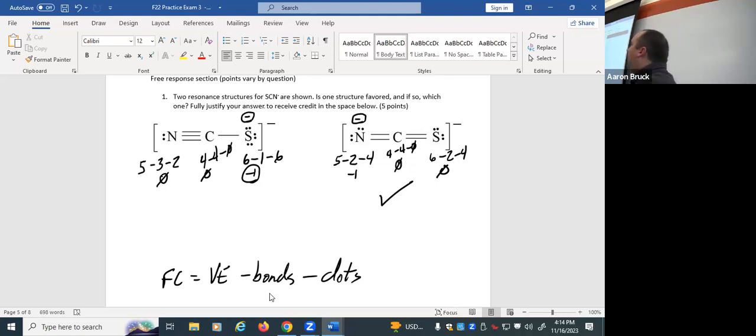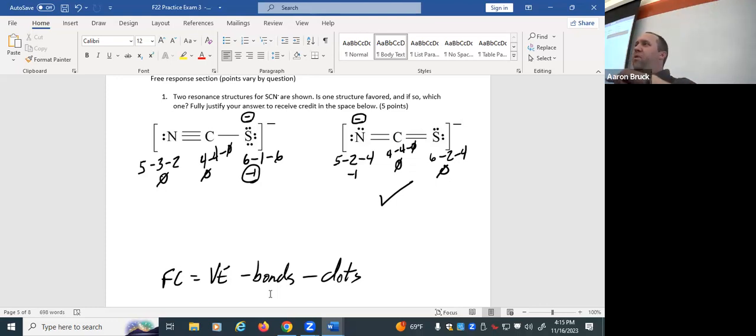Now, since we're talking about not that big of a difference in electronegativity, what this actually falls into is what in organic chemistry they would call major structures versus minor structures, where we've talked about resonance as being completely equal. That double bond is just as likely to be here as it is here.